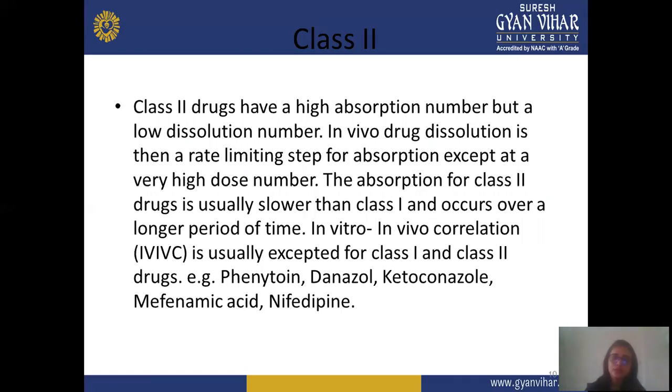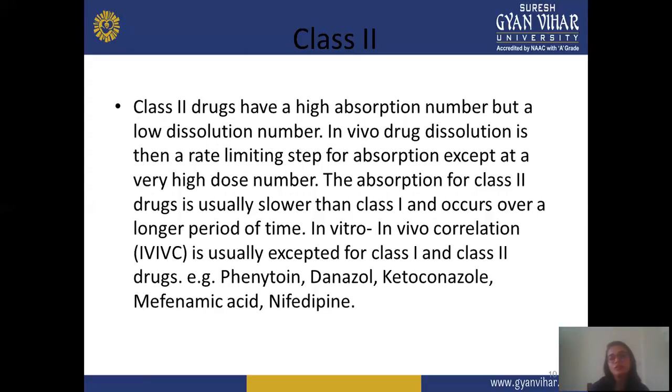Next, class 2. Class 2 has a high absorption number but a low dissolution number, meaning absorption is more but dissolution takes place less. You formulate this type of drug on a controlled basis, because slow absorption takes place, and you can modify the dissolution rate according to requirement.